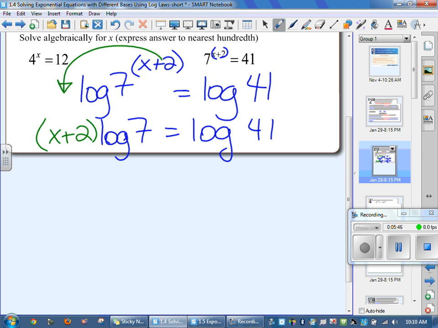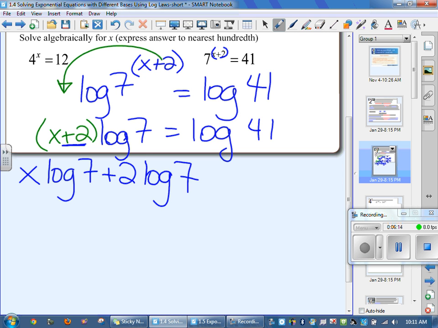The next step, because I've got brackets, I need to remove the brackets. How do I remove brackets? I do it by separating them. I'm going to separate the x and the 2, and they're both connected to log 7, so that means they both get log 7. So this is the way they separate. I'm going to have x hiding in front of log 7, and it's a positive 2, so I'm going to hit plus 2 and write log 7 after the plus 2.